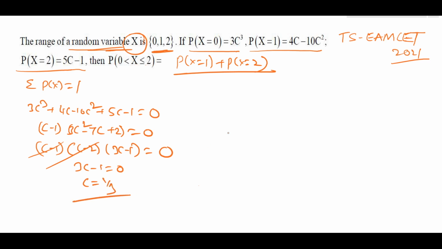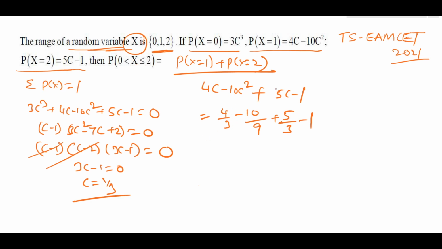This is the value of c, that is c is 1 by 3. P of x equal to 1 is 4c minus 10c square, and P of x equal to 2 is 5c minus 1. Substituting c equal to 1 by 3, this is 4 by 3 minus 10 by 9, and 5 by 3 minus 1.